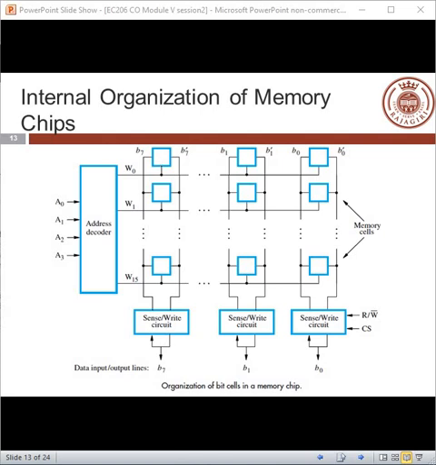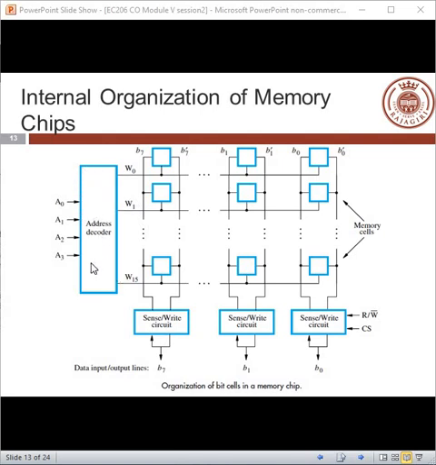As we have 16 rows and we are implementing a 16 into 8-bit memory, at a time we need to access 8 bits. At a time we need to access only one of these 16 rows. For that we will have a 4 to 16 address decoder. We have 16 rows, so the address decoder will have a 4-bit input, since 2 raised to 4 is 16.